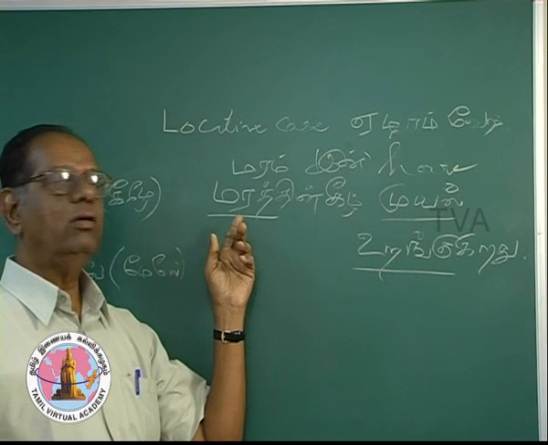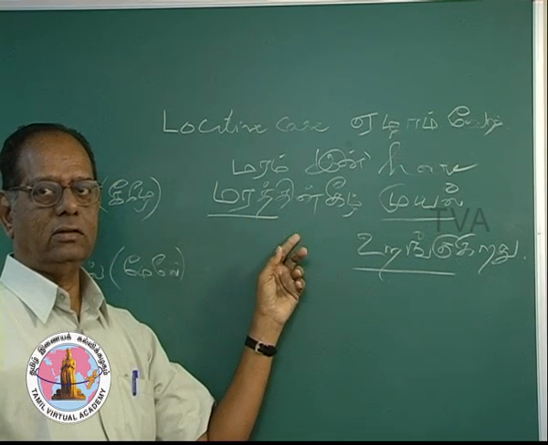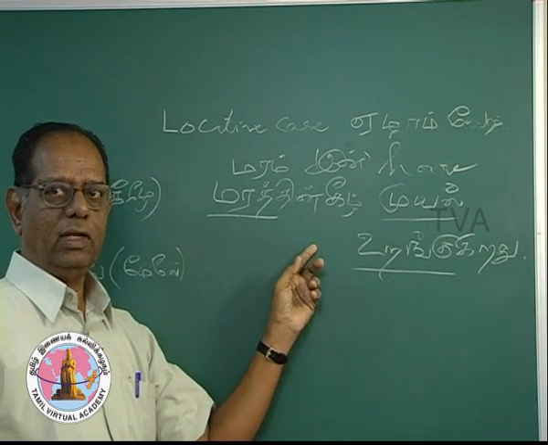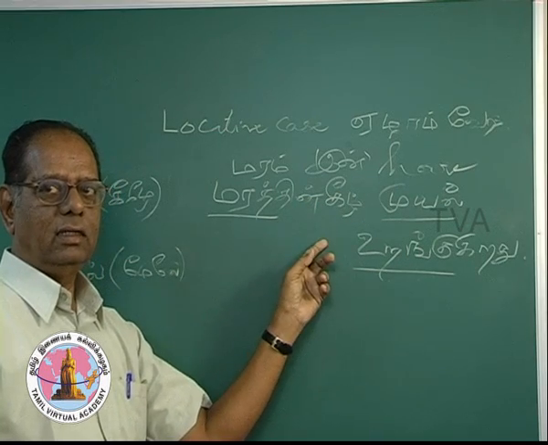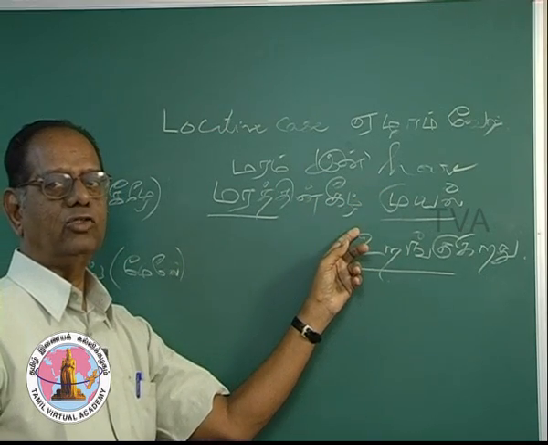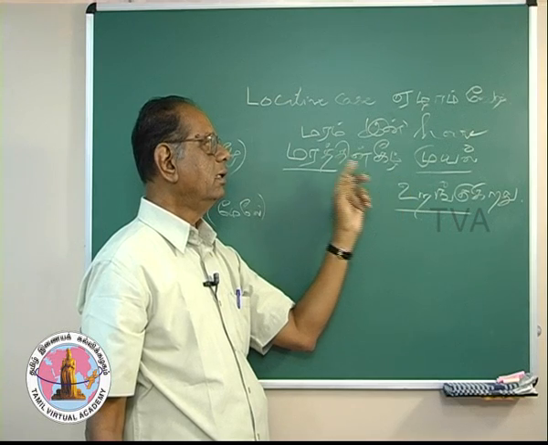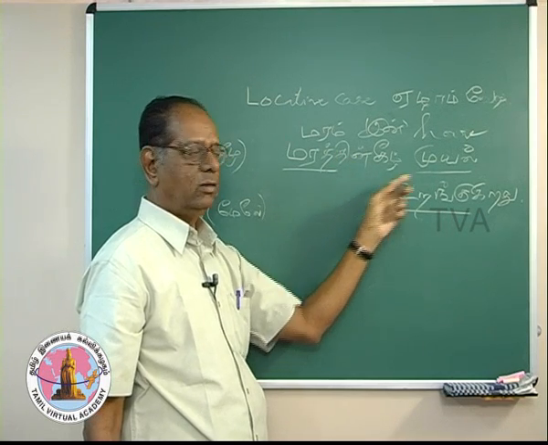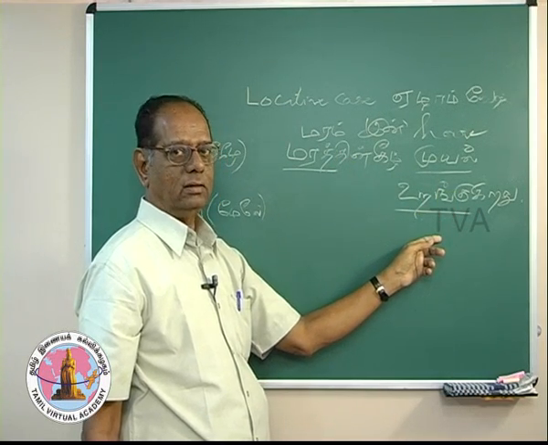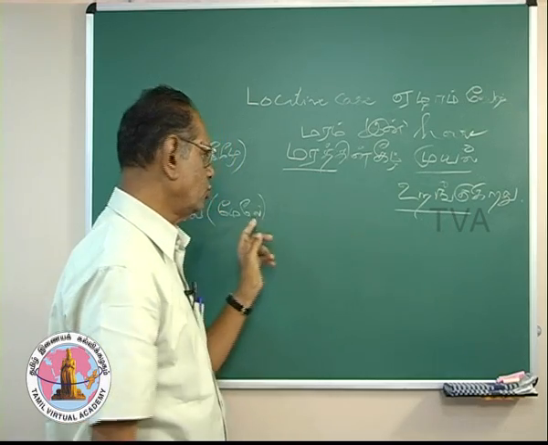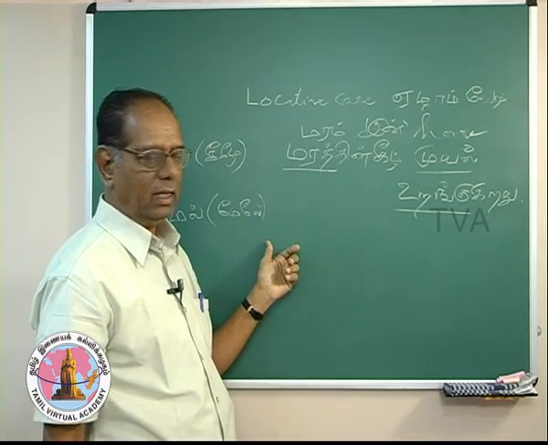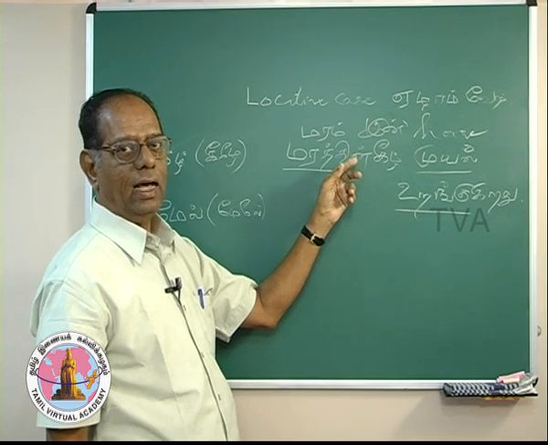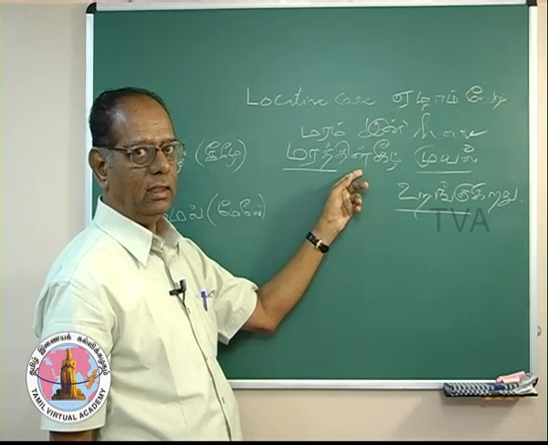So you have maram plus attu, marattu plus in, marathin, and then this locative case marker keel. Marathin keel muyal urangugirathu. So also for male or mele you have to bring in another suffix, namely in.